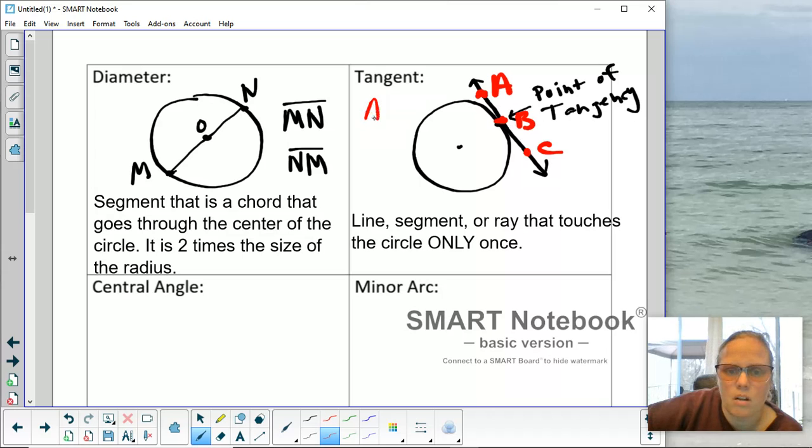So this one I could call it AC with the line symbol above it. I could call it BC with the line symbol above it. I could call it BA with the line symbol above it. Any combination of those two of those letters with the line symbol above it would represent this whole tangent line.